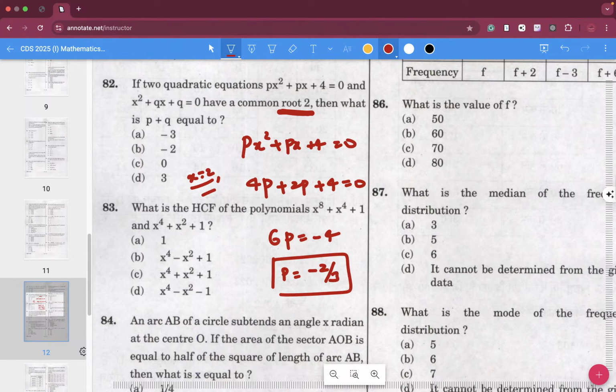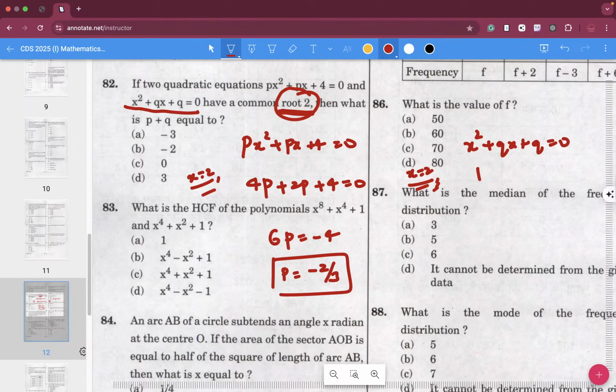Now we have another equation over here, x square plus qx plus q is equal to 0, and again since 2 is a root, it is one of the solutions. So over here you can also put x is equal to 2, right?